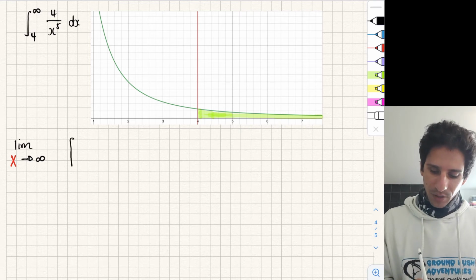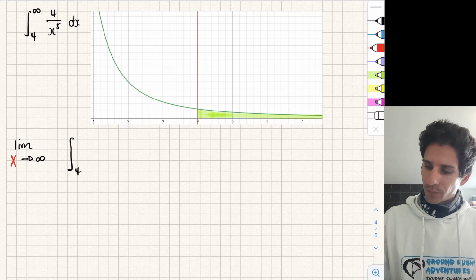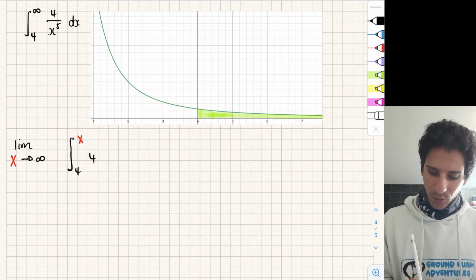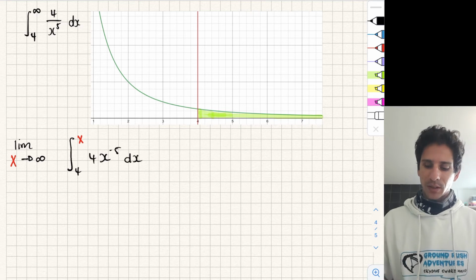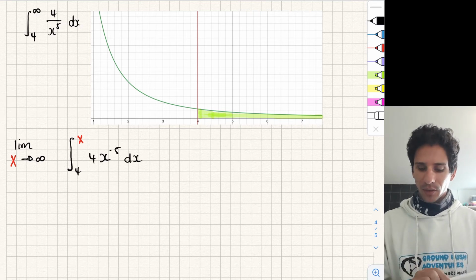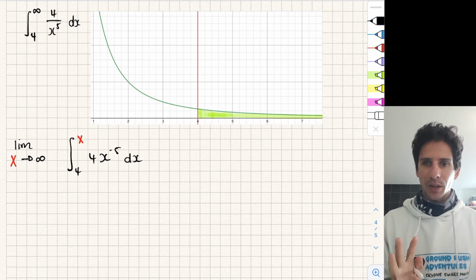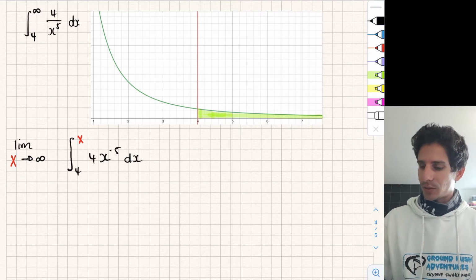So we can change our integral now from 4 to x. I'm going to rewrite the function as 4x to the power of minus 5 with respect to x. Now I don't have infinity in the integral, I just have a placeholder, and I can evaluate that as it approaches infinity.